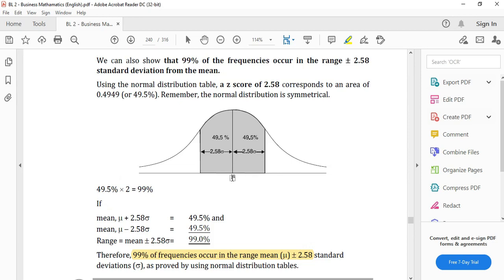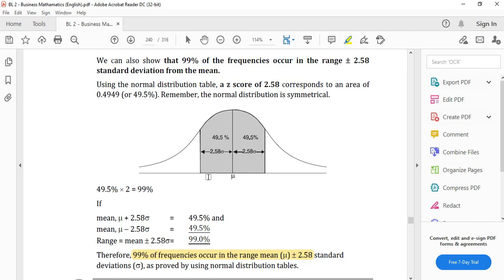However, both sides of the mean value will be equal if the z-score is the same. Z-score means the gap between the mean and the variable on the x-axis, as I showed previously.